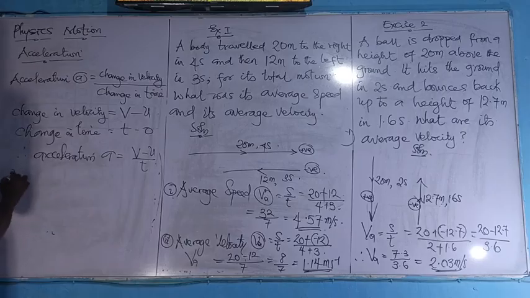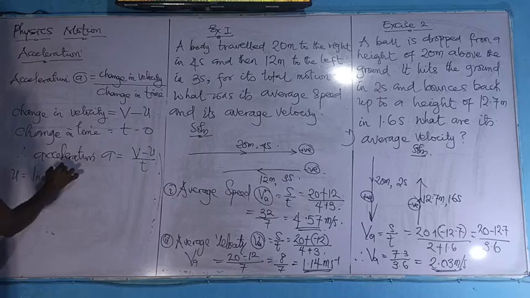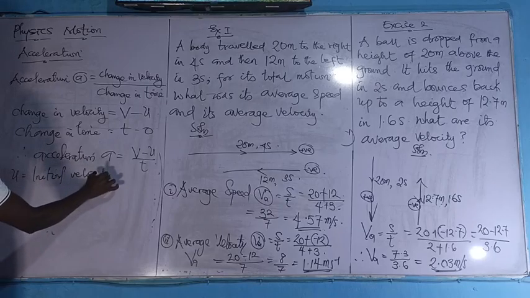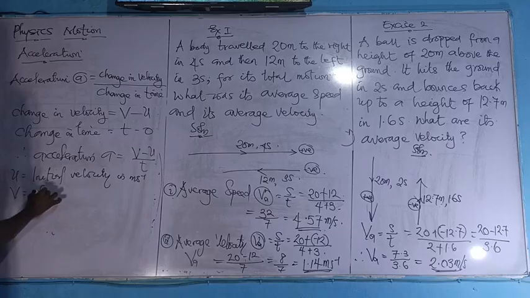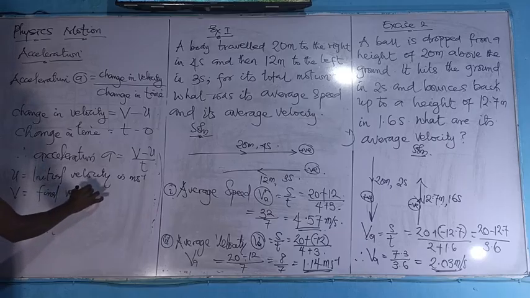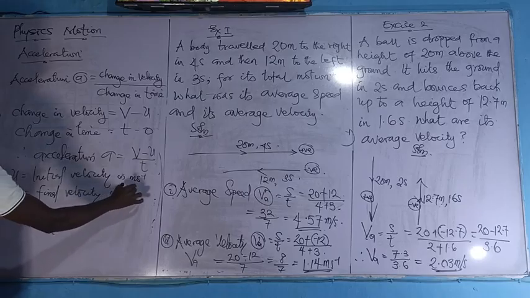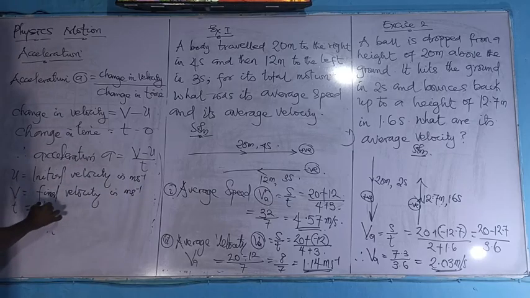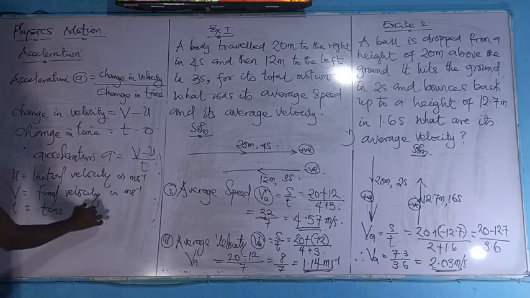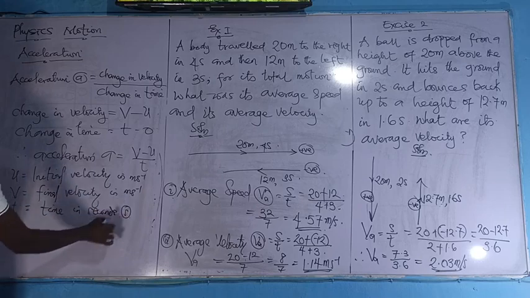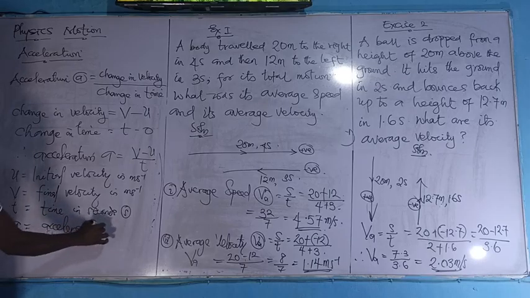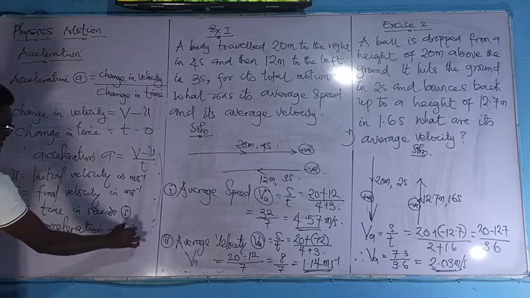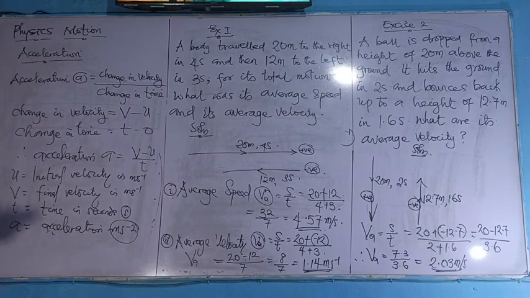So at this point, U is what? Initial velocity in meters per second. V is what? Final velocity in meters per second. T is what? Time in seconds. While A is the acceleration in meters per second squared. Why?